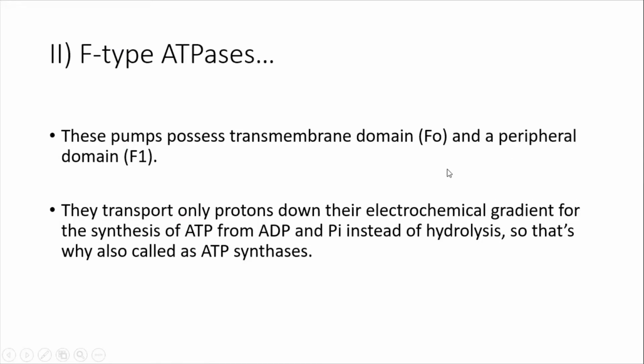Sorry, not F0, it is FO, the letter O. In English, to avoid confusion with the zero, they gave it as O, because the antibiotic oligomycin can inhibit this particular transmembrane domain, so it was given O, but we read it as F0, okay? Since it was being read as 0, we have given the other domain as F1.